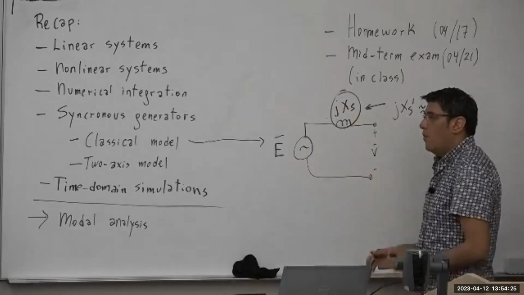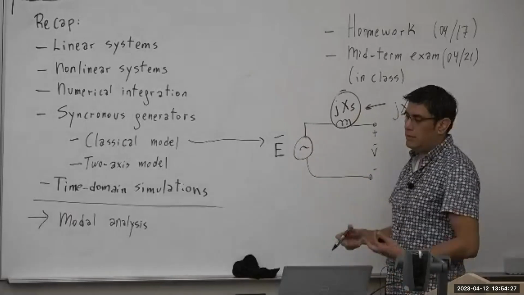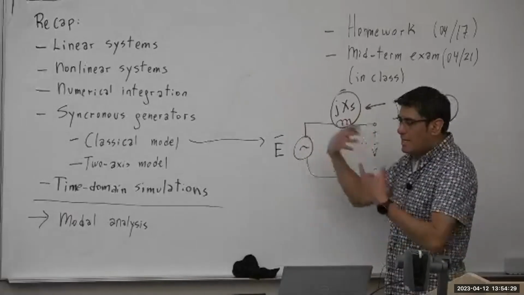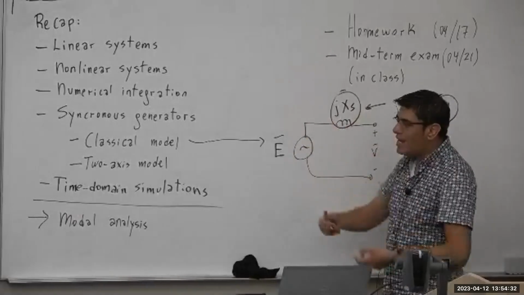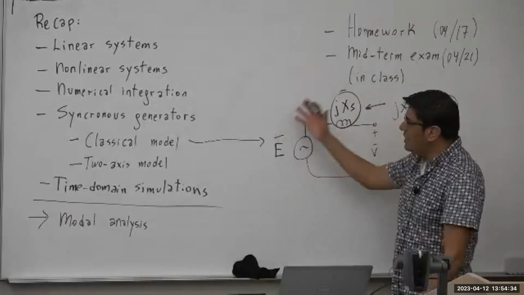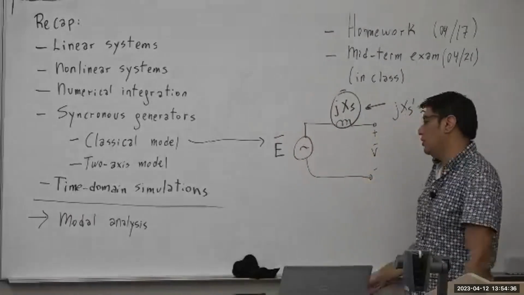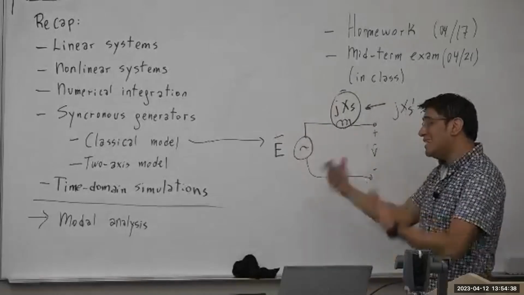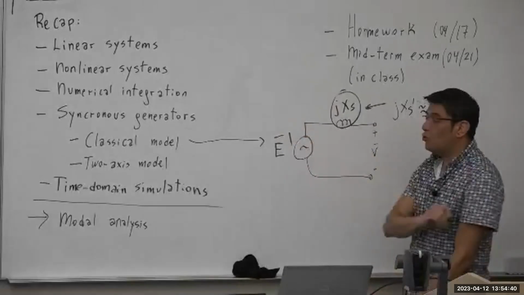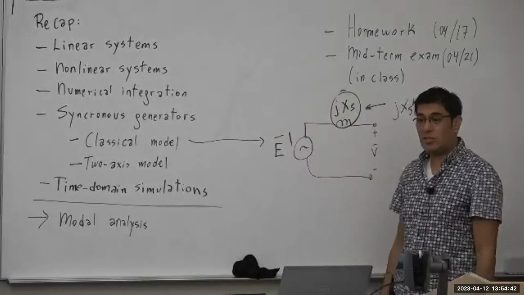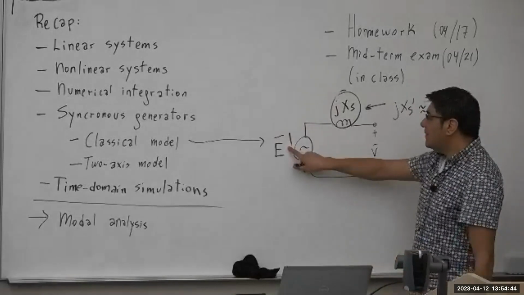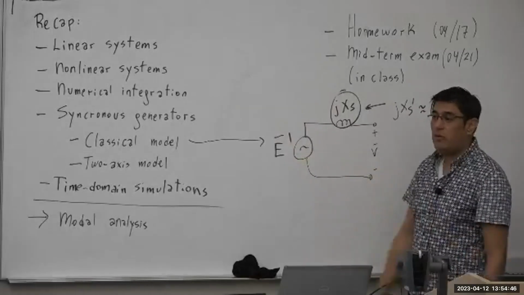For this voltage, we assume that this voltage is fixed, given operating point and equilibrium point, we define how much was that voltage. In the classical model, this voltage is also called the transient internal voltage. And that is calculated with a given procedure.